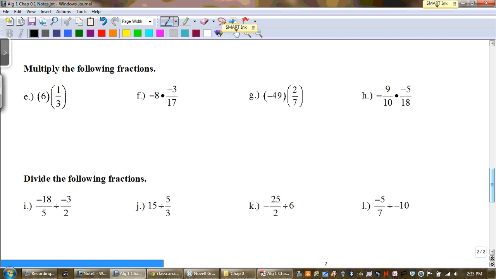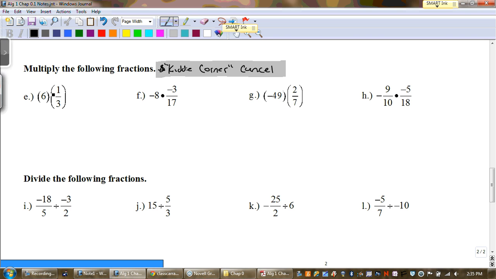Now, when it says multiply the following fractions, when we multiply this, what we call this is kitty corner canceling. Okay?